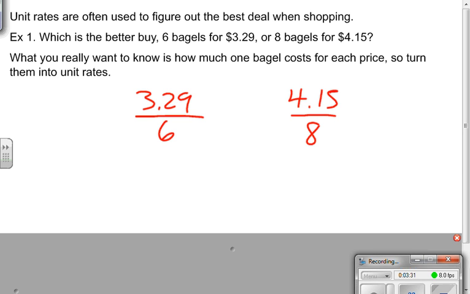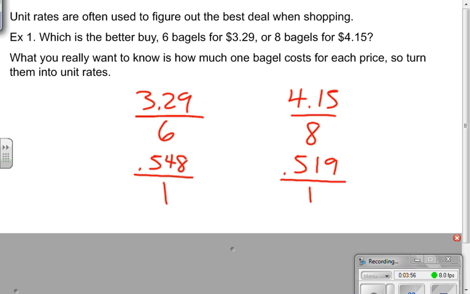Grab my calculator here, and I'm going to do 3.29 divided by 6, and my calculator says 0.548, and that means that there's a 1 on the bottom because I divided by 6. And I'm going to also do 4.15 divided by 8, and I get 0.519, and now there's a 1 on the bottom because I divided.